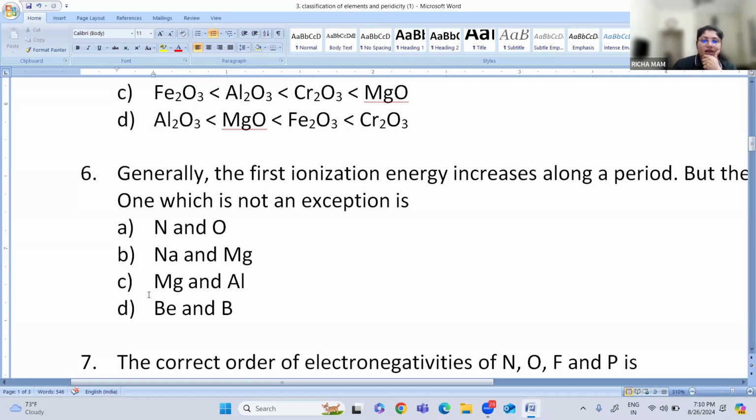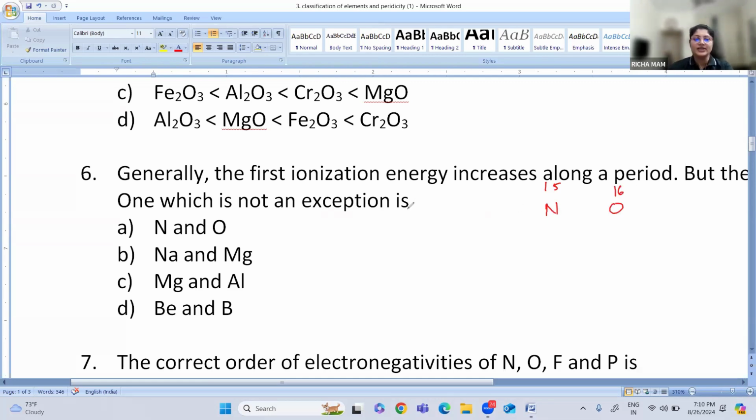Now, let me see how your elements are placed. Here is our nitrogen, then comes your oxygen. Nitrogen is group 15, and this is group 16.